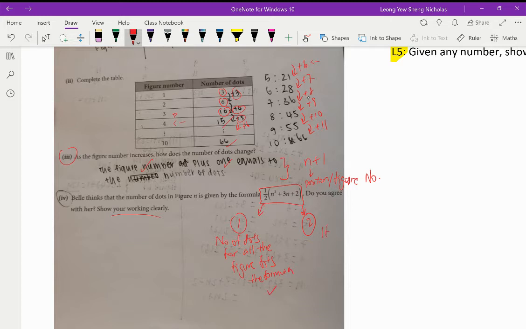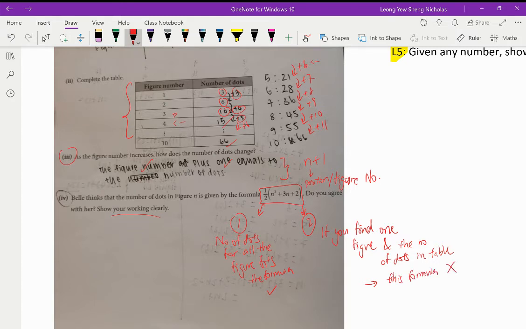But if you find one figure where the number of dots doesn't tally with what you have in this table here, this means that this formula will not work.